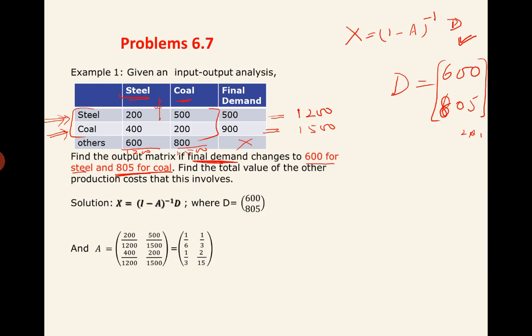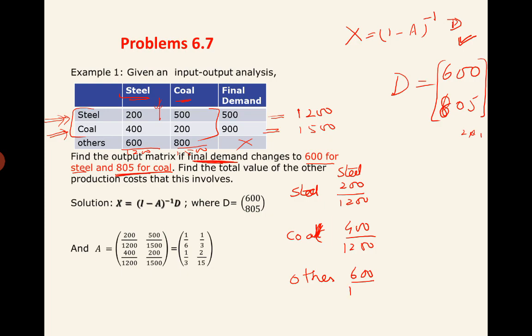First, for steel: 200 divided by 1200, coal 400 divided by 1200, and then other sectors.